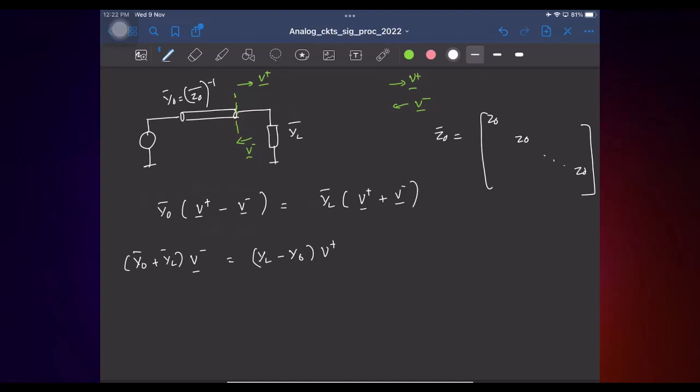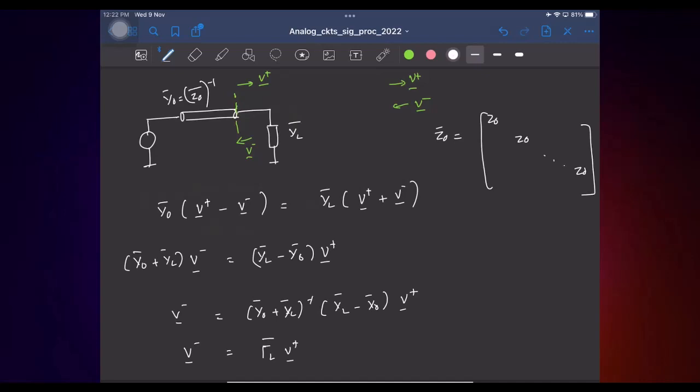This is all matrices and vectors. So V minus will be Y0 plus YL inverse times YL minus Y0 times V plus. Okay. So now basically you have a reflection coefficient matrix instead of a single number.